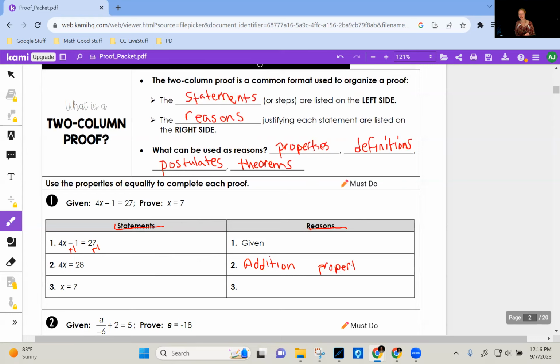Now on my next step, I think about what do I do to go from this step, 4x equals 28, to x equals 7? Well, if I'm doing this math, I've divided by 4 over here, and I've divided by 4 over here. That means that I used the division property.